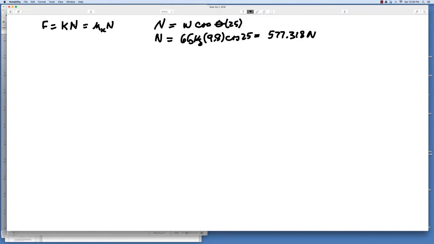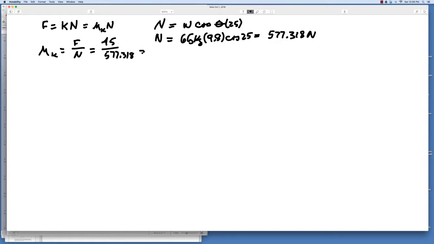So if you rearrange this so that you can calculate the coefficient, the coefficient of kinetic friction is going to equal the friction force divided by the normal, which is going to be 45 divided by 577.318.